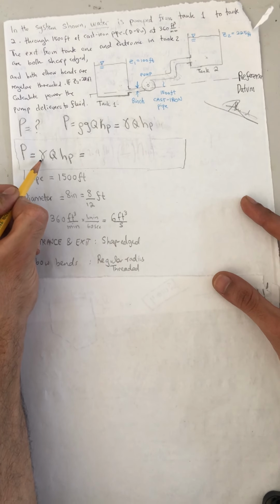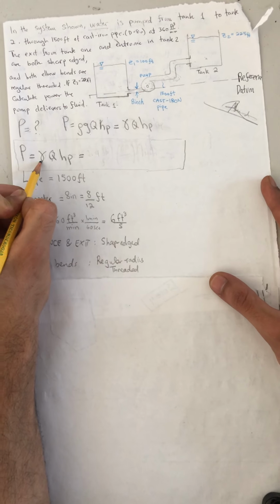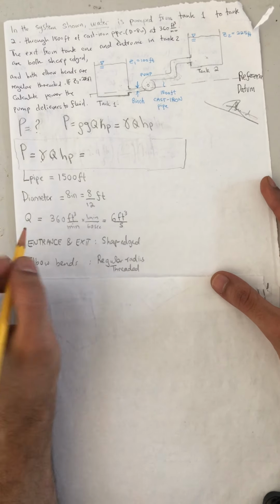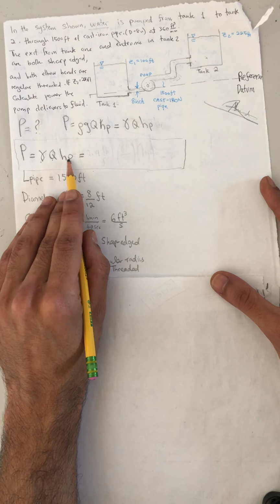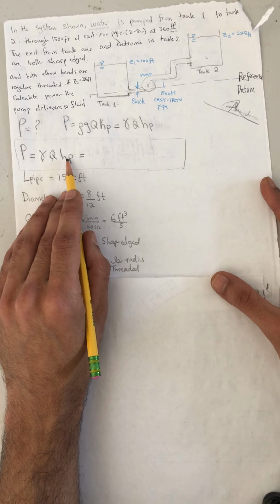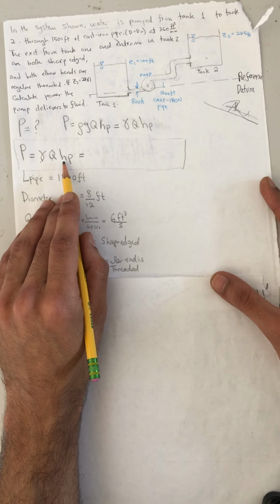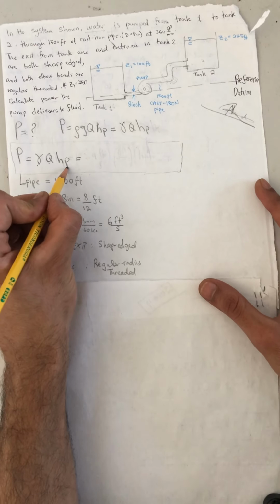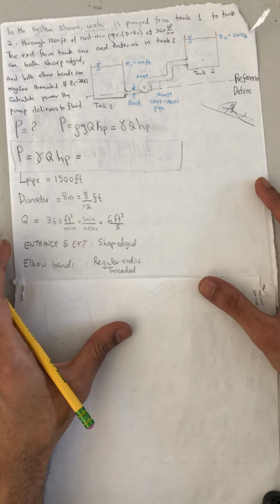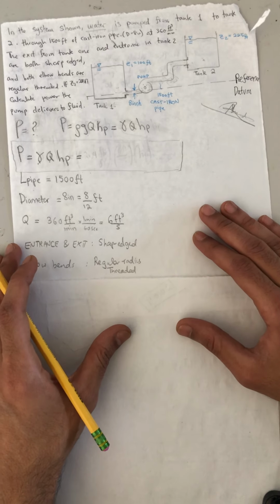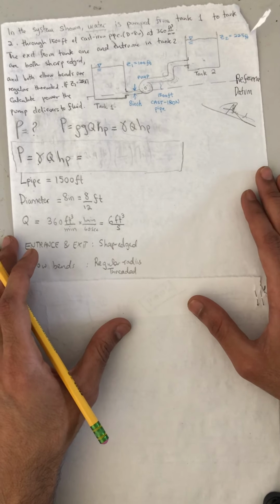We have said that we know the value of the specific weight of water. We are given the volumetric flow rate, and the head gain of the pump is what we are interested in. It is very important to understand what is the head gain of the pump. We will go into more details in a moment.